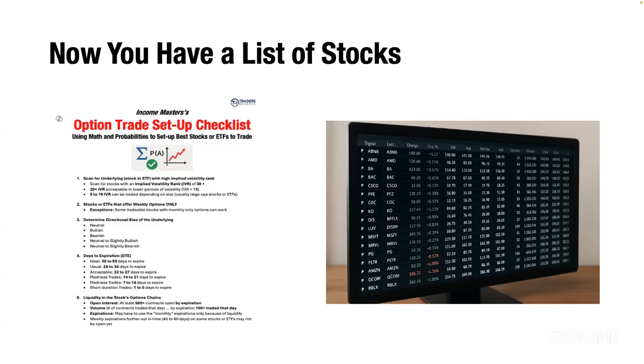Am I bullish on the stock? What are the days to expiration I'm going to set up? What's the liquidity in that expiration? So that's how these two tie together. You're using the stock scan to get a list of stocks that can then be narrowed down to your trades and run through the trade setup checklist.